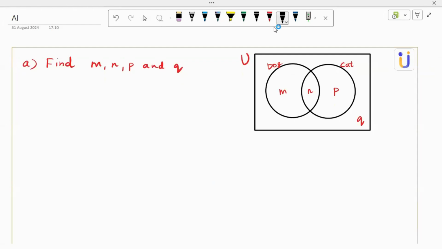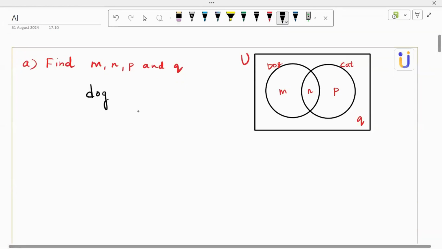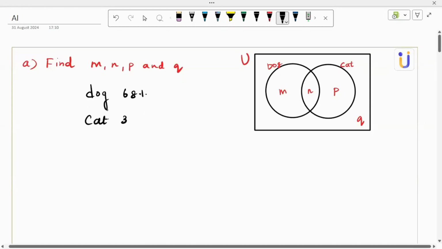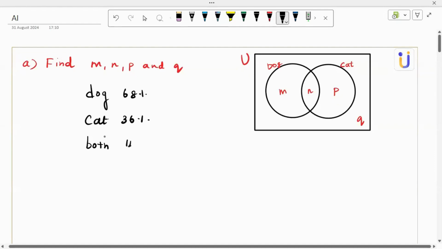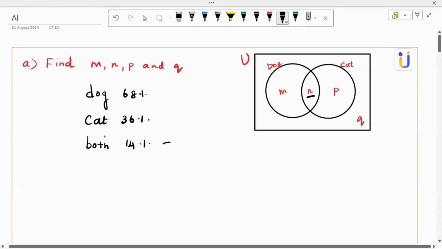Okay, what have they given? Dog 68%. So it's dog, and dog only, those two have a difference, right? And then cat 36%. Then both is 14%. Whenever they say both, that comes in the intersection part, so N is equal to 14%.